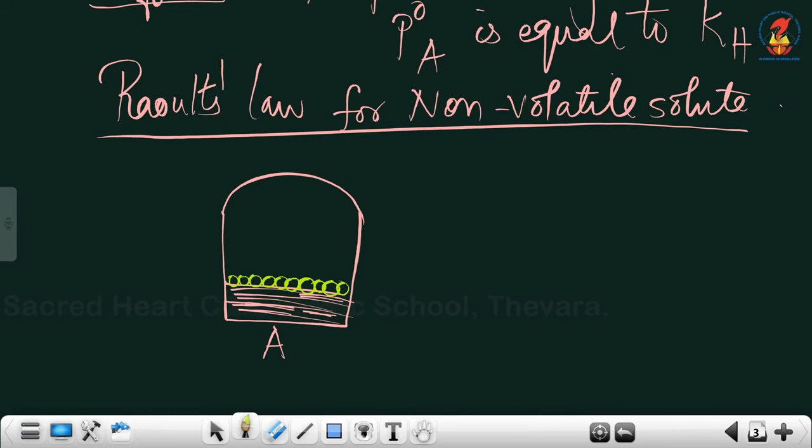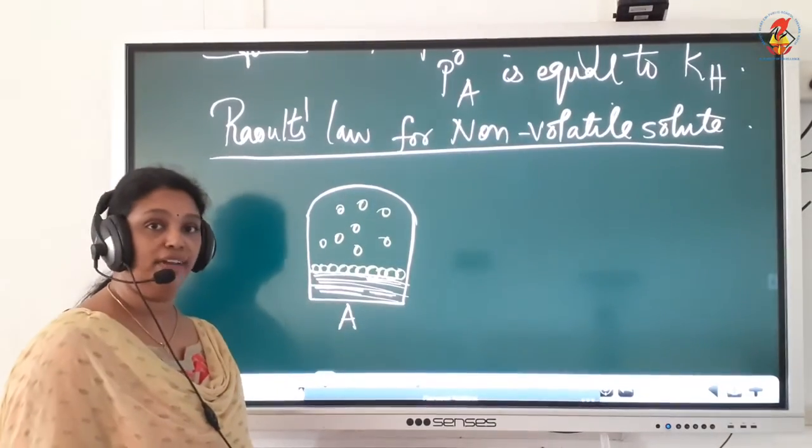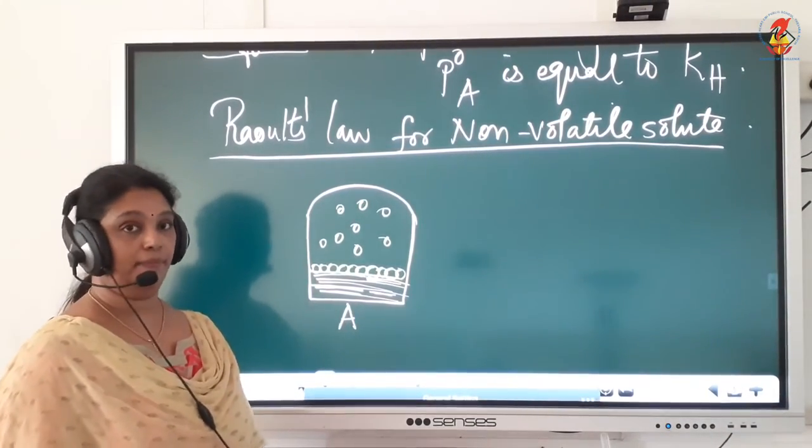The solvent molecules will escape into vapor state and we get the vapor pressure exerted by solvent denoted by PA.